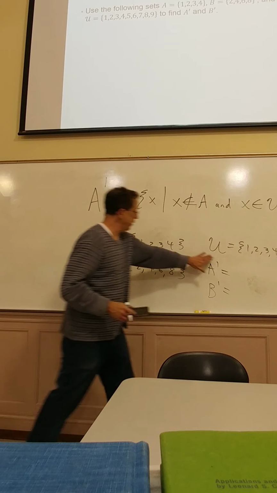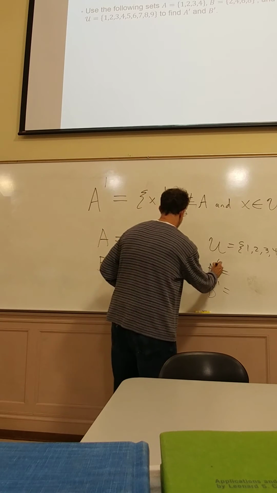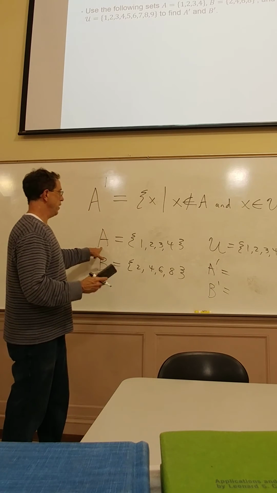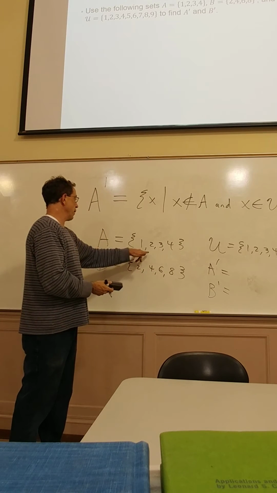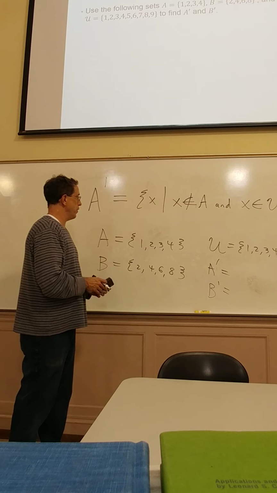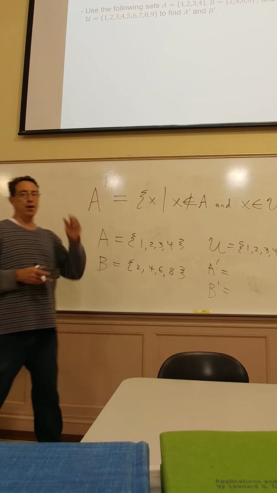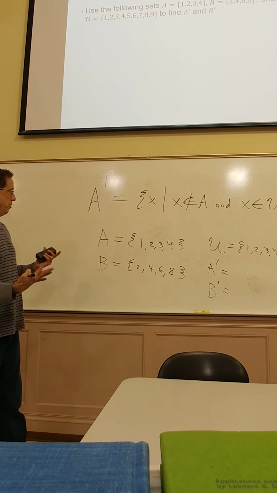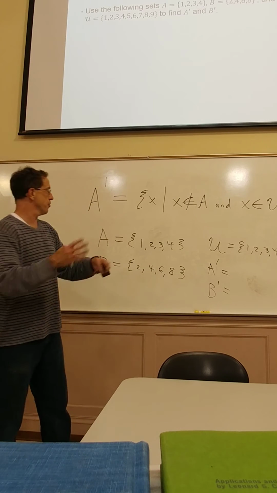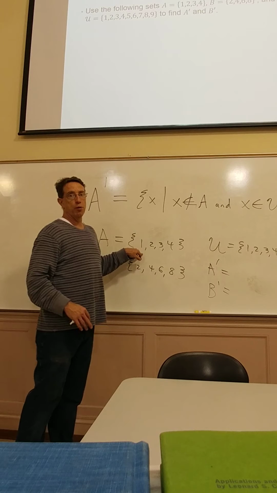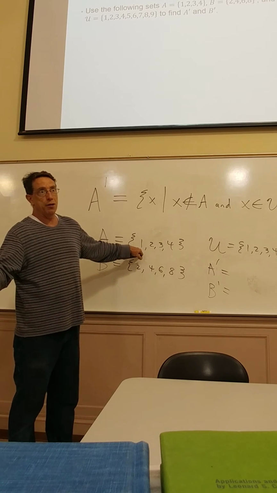The complement of A, A prime as we call it, is all the elements that are not in A that are in U. Well, A is 1, 2, 3, 4. If we're going to say, list me everything that's not in A, that can be a little confusing because what am I looking at?